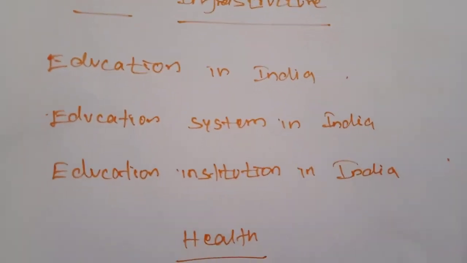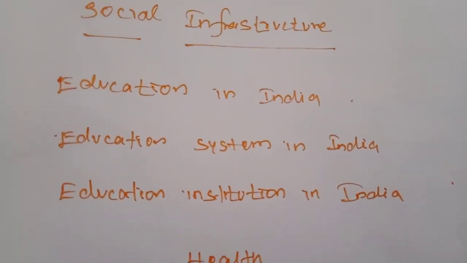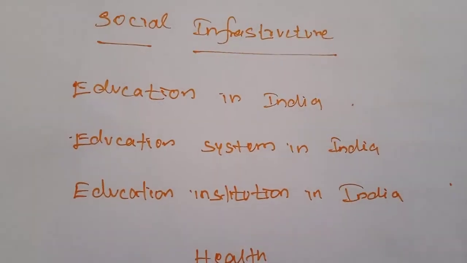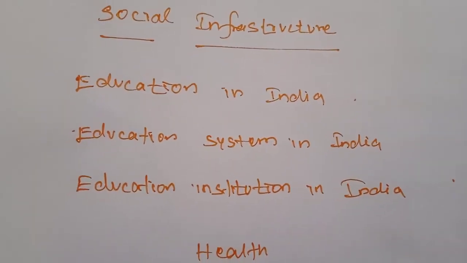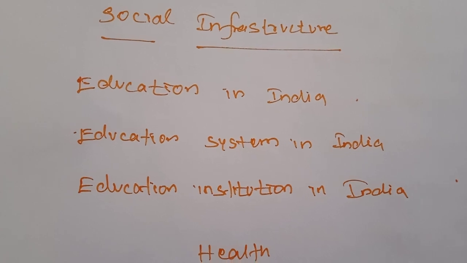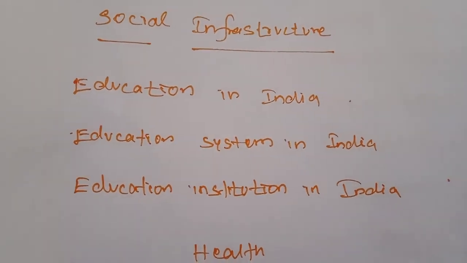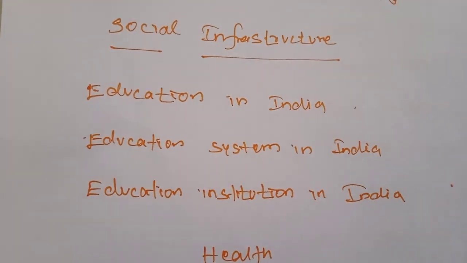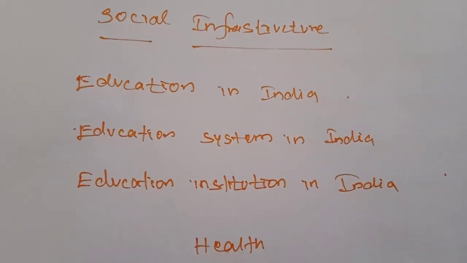Next, education institutions in India. Education in India follows the 10 plus 2 pattern. For higher education, there are various state run as well as private institutions and universities providing a variety of courses and subjects.